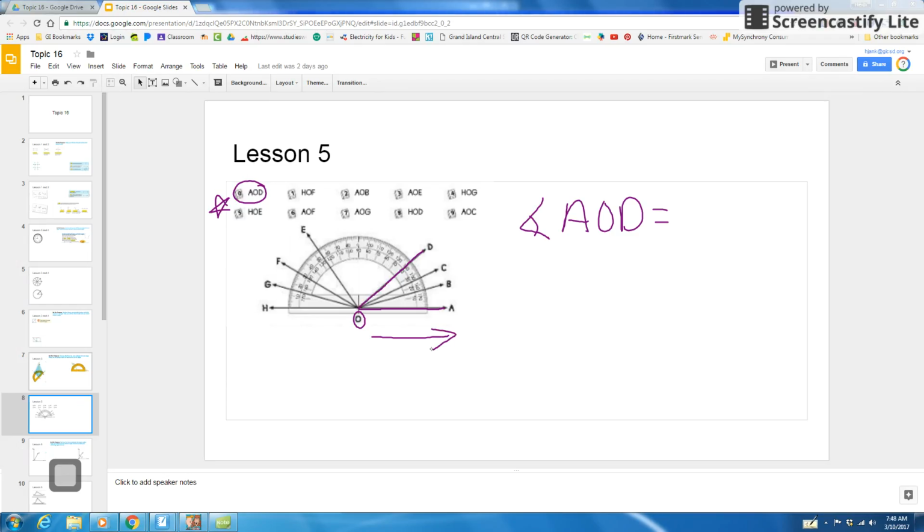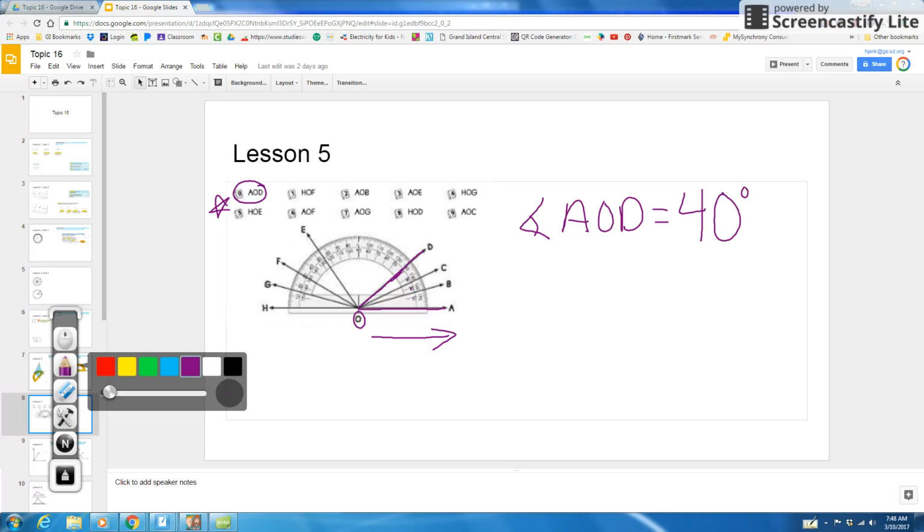So I see my 10, I see my 20, I see my 30, I see that it crosses directly on 40 degrees, okay?